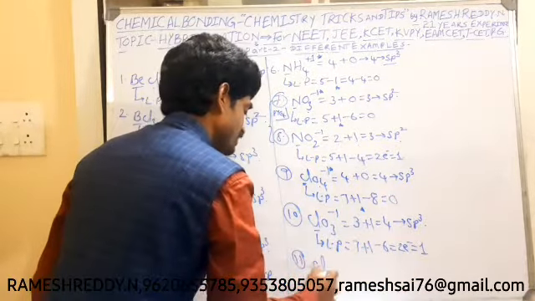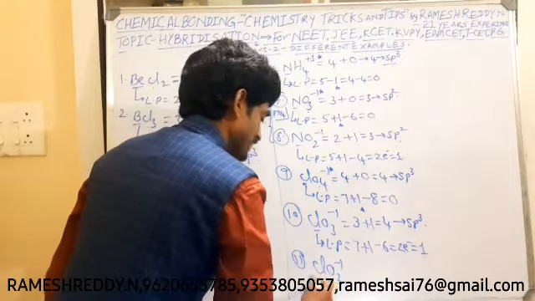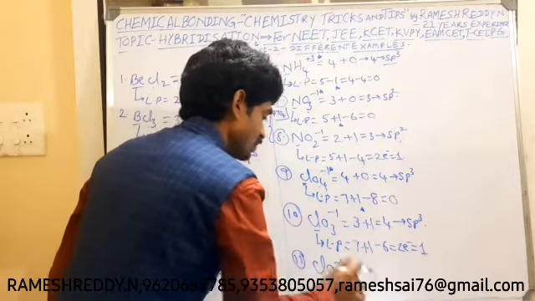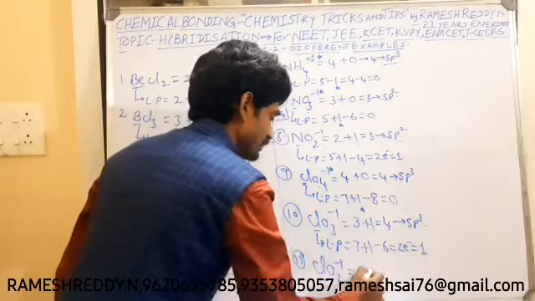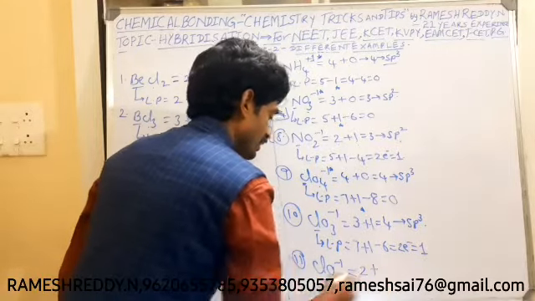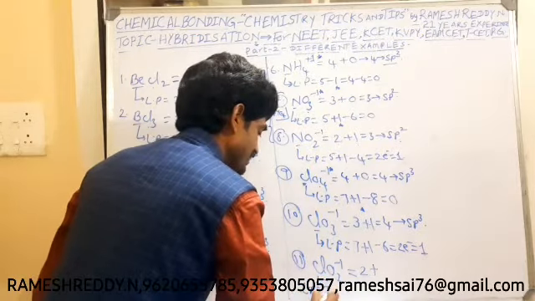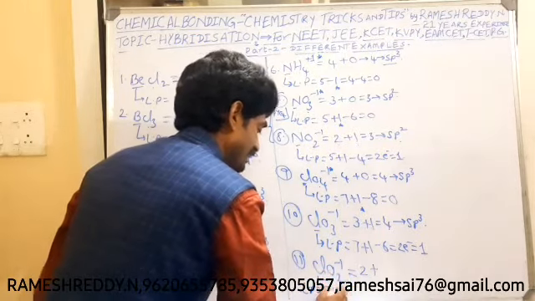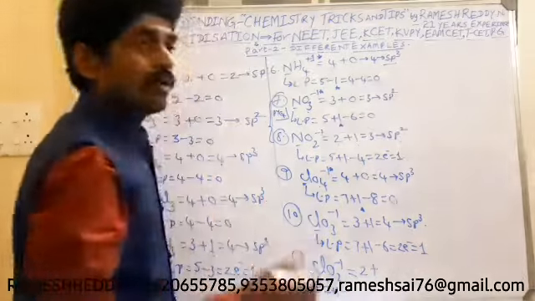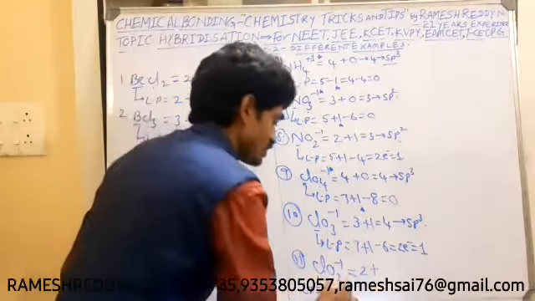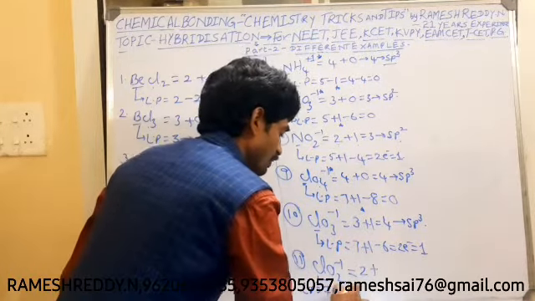Then we get here ClO2 minus. So central atom chlorine, bonded atoms, how many are there here? 2 bonded atoms are there. Then lone pairs on the chlorine atom: valence electrons is 7, and it gains 1 electron, +1. And for 2 oxygens, each oxygen 2 electrons, 2 into 2, that is 4, minus 4.